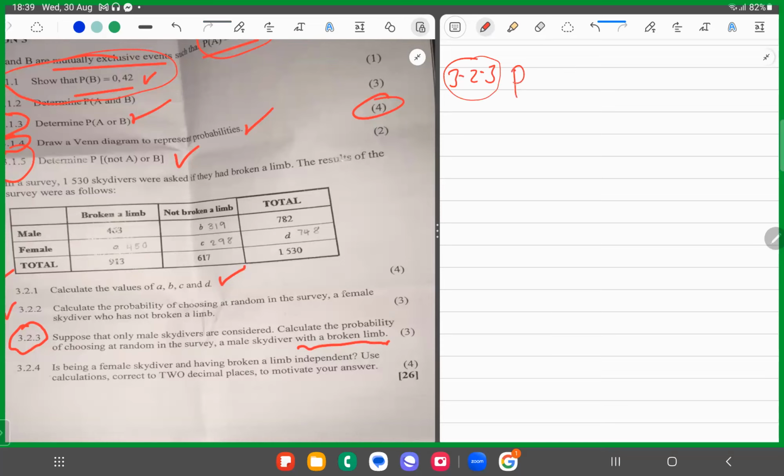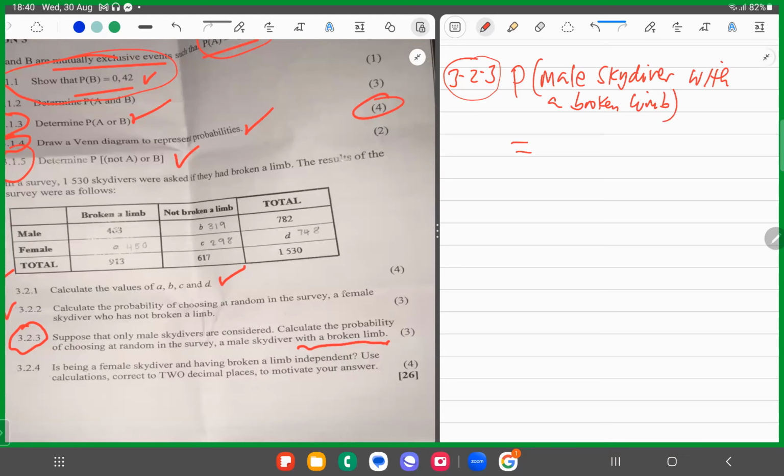the probability of a male skydiver, right, male skydivers of choosing at random in the survey a male skydiver with a broken limb.